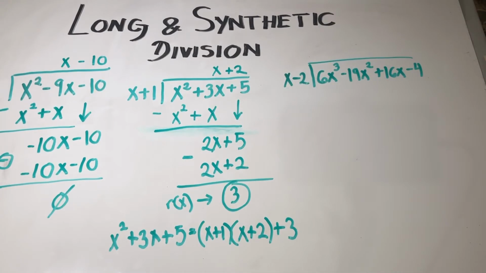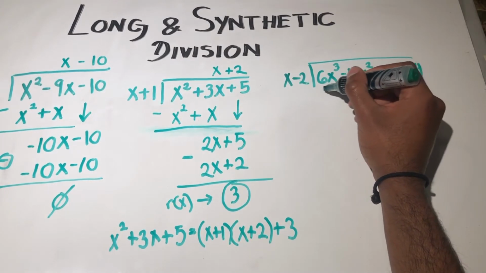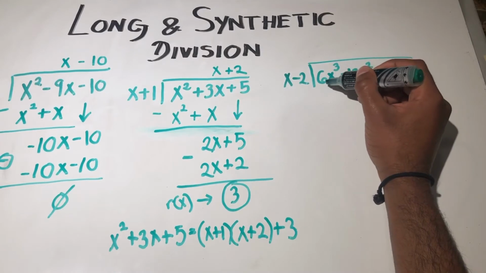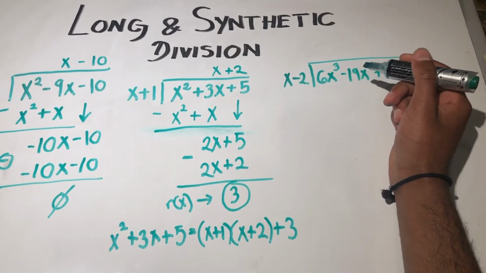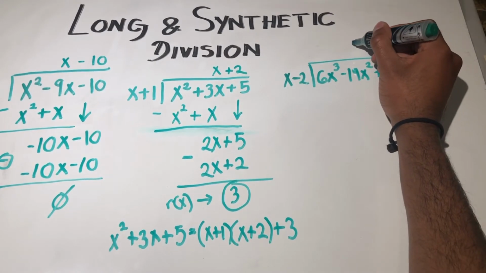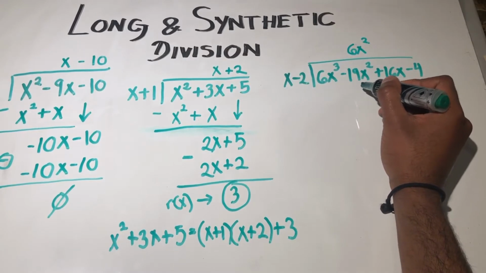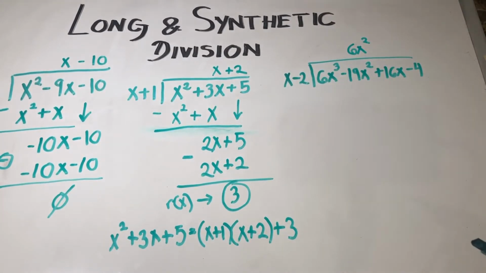The same process applies. We have 6x cubed, the first term of the dividend, divided by the first term of the divisor. 6x cubed divided by x is going to give us 6x squared. So we'll just go ahead and place that over negative 19x squared. And then we're going to take this term and multiply it by the divisor.